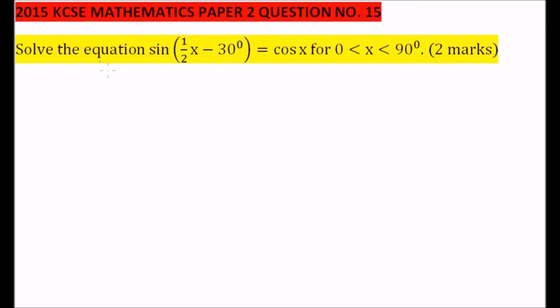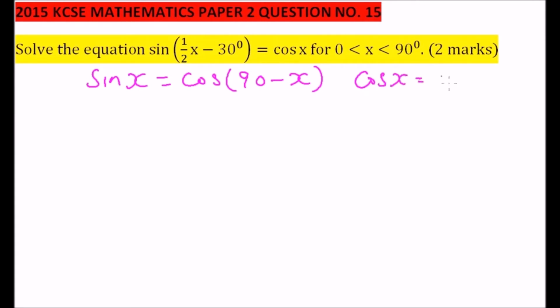So kwa hii swali utatumia hii knowledge. Tunasemanga kama you have sin x is equals to cos 90 minus x. The same case we say cos x is equals to sin 90 minus x. So that's a relationship.